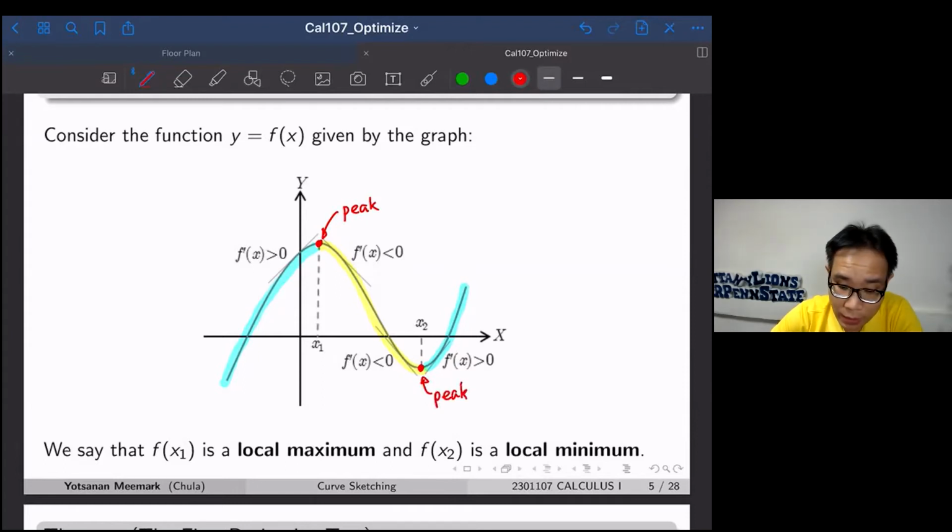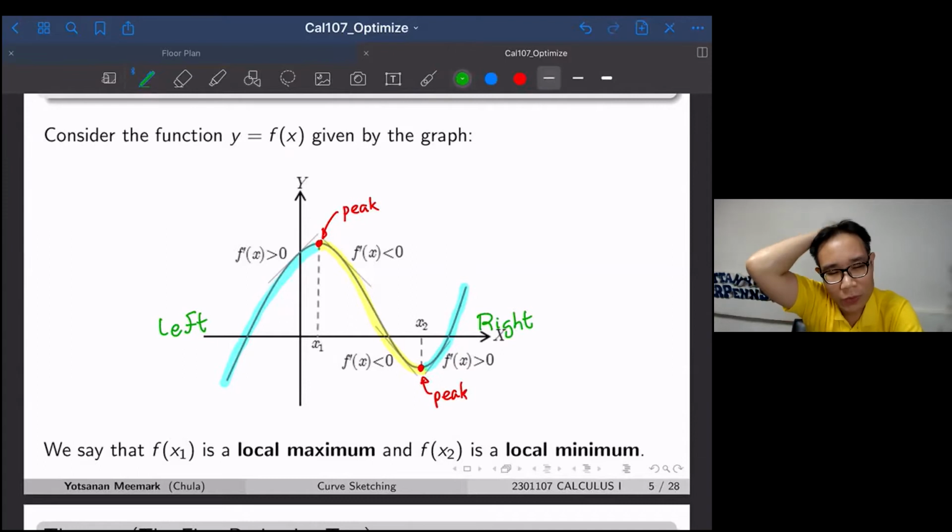We're going to have to study the changing. However, for the changing, we have to have a direction first, and the direction that we will use is from left to right, from x equal to negative infinity up to x equal to positive infinity, just left to right normally.